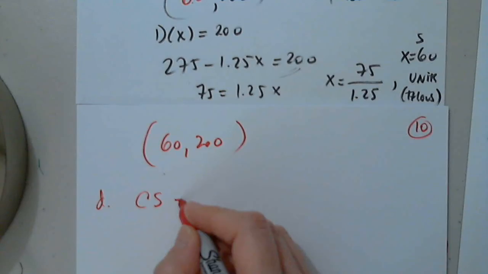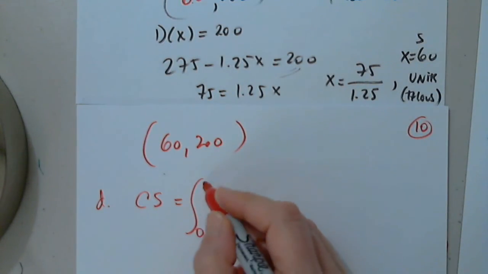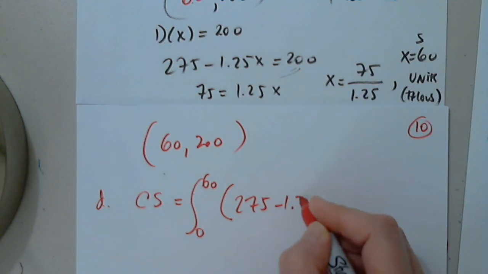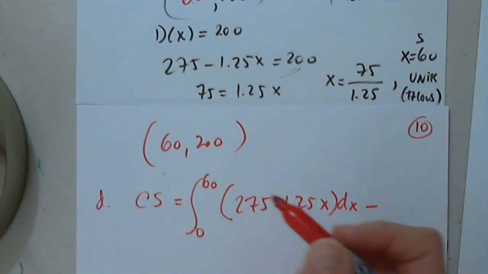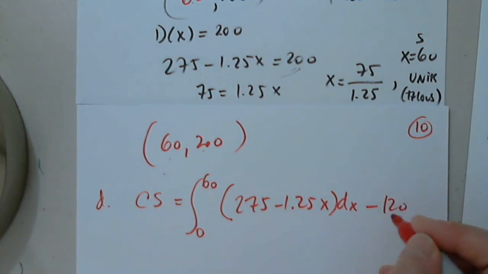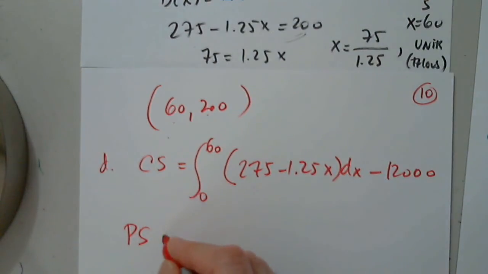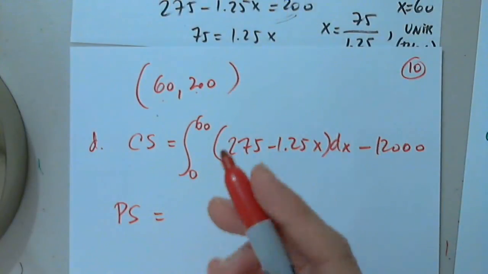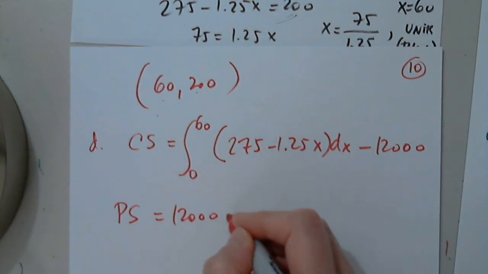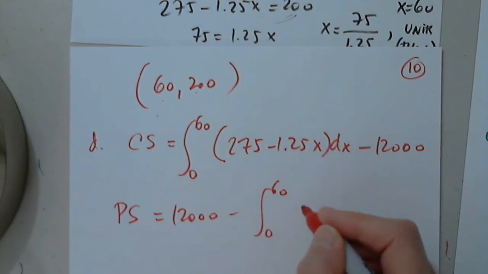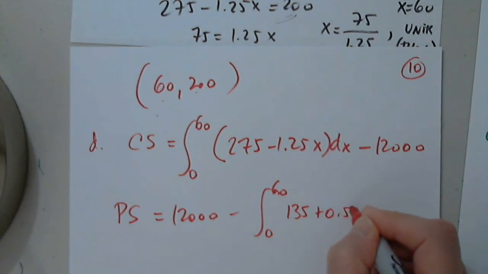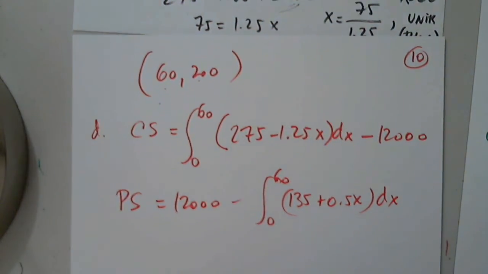The consumer surplus now will be the integral from 0 to 60 of 275 minus 1.25x dx, minus 60 times 200, 12,000. The producer surplus will be, in a problem like this, you don't have to do it twice. If you did it once, I'm fine. So 12,000 minus the integral from 0 to 60 of the other function, which is 135 plus 0.5x dx.